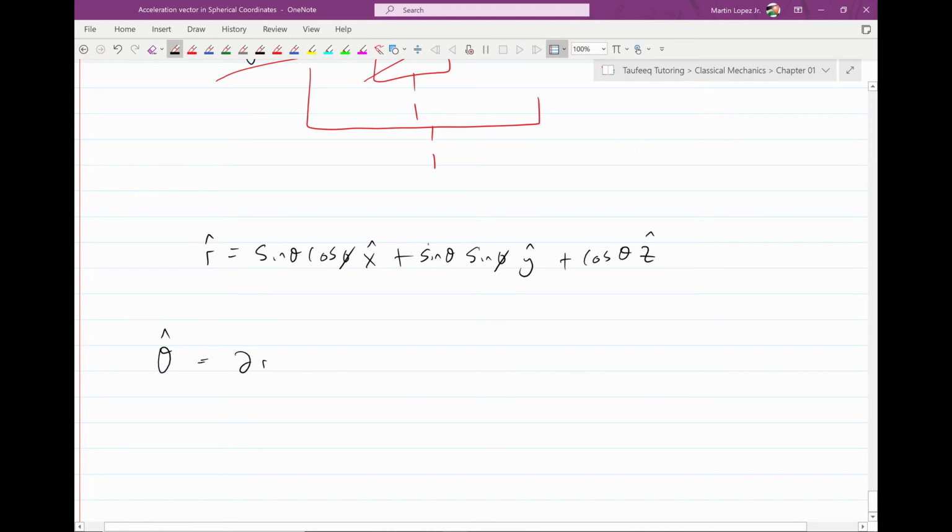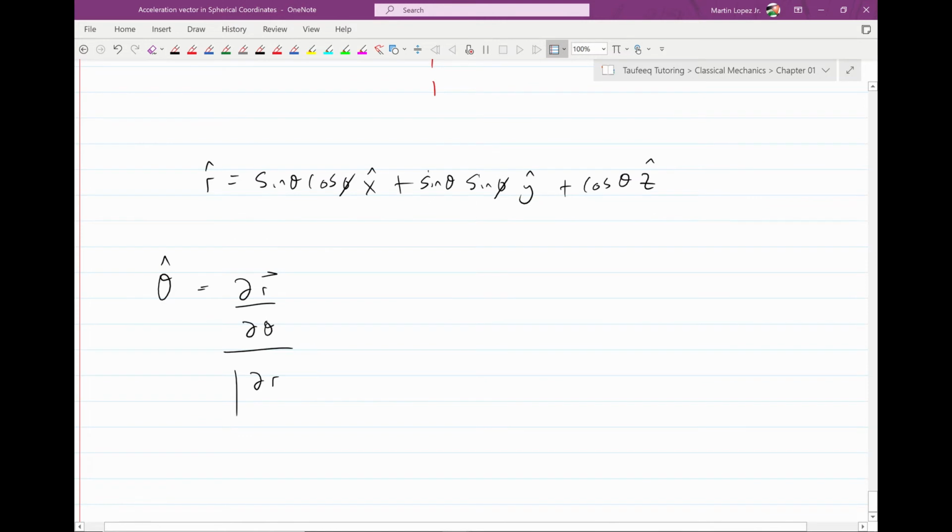So theta hat is going to be the partial of the position vector with respect to theta over the magnitude of that.